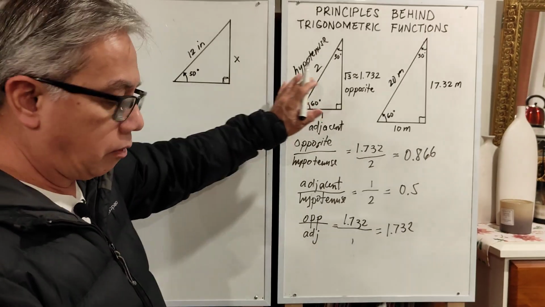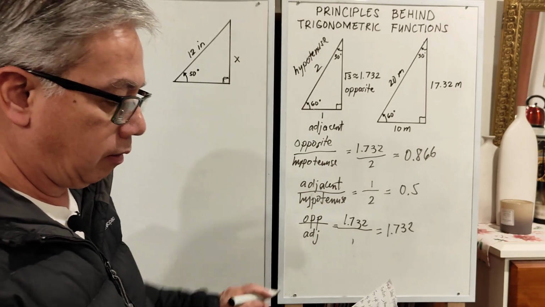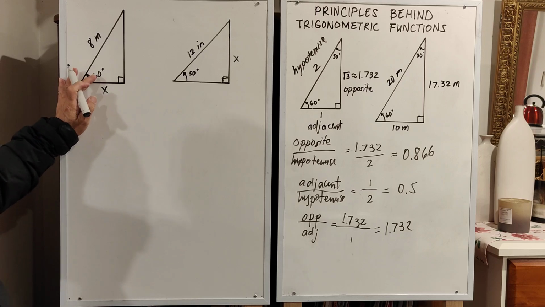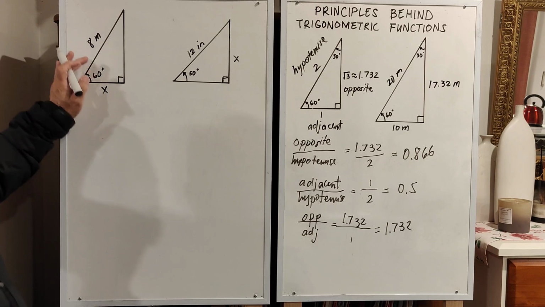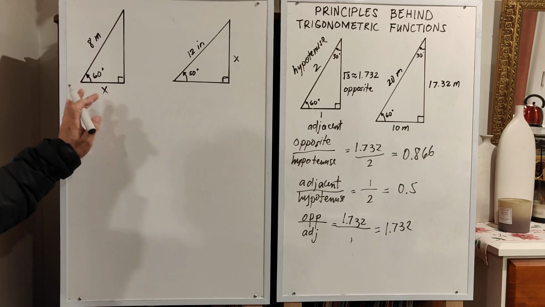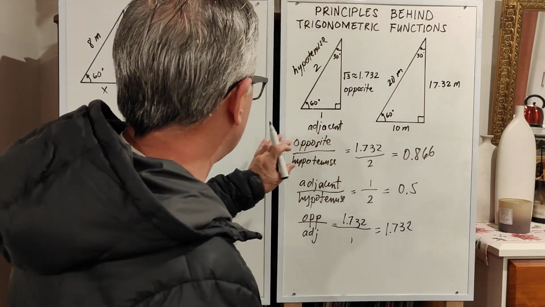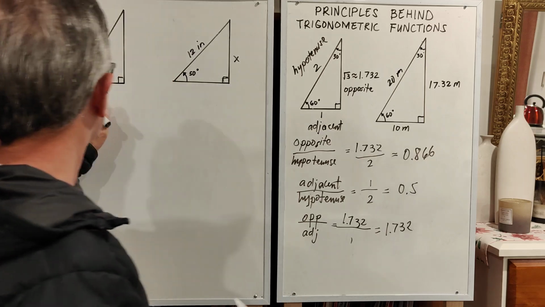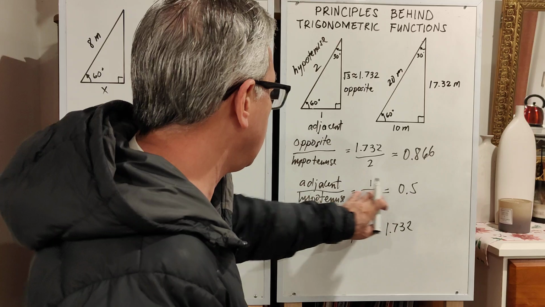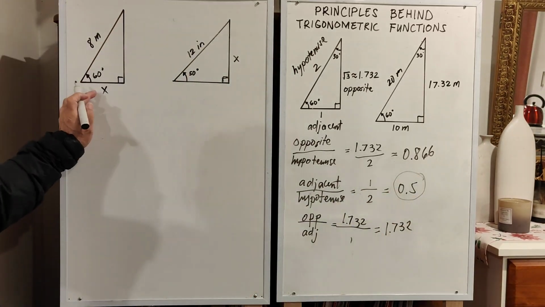Now we can use these ratios to solve for the sides of the right triangle. For example, we have a right triangle here, 60 degrees. We know that the hypotenuse is 8 meters, but we don't know the adjacent side. So we look for this ratio, adjacent over hypotenuse. We can use this ratio to get this side.